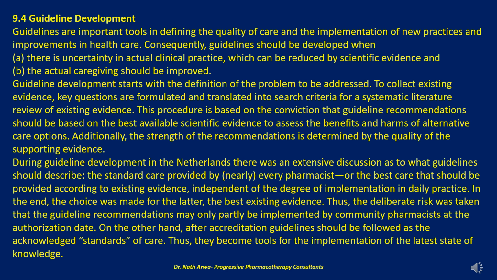In the end, the choice was made for the latter, the best existing evidence. Thus, the deliberate risk was taken that the guideline recommendations may only partly be implemented by community pharmacists at the authorization date. On the other hand, after accreditation, guidelines should be followed as the acknowledged standards of care.